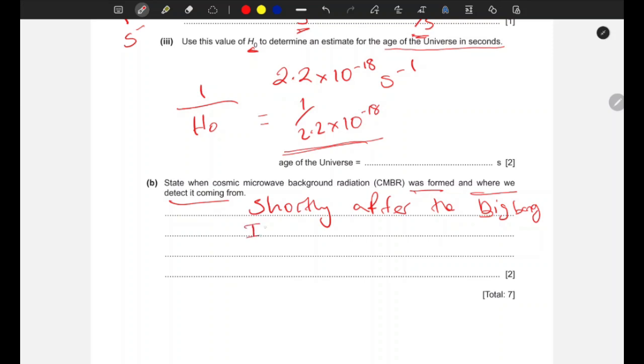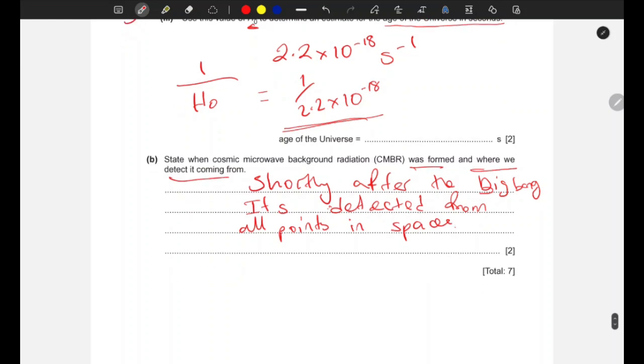And it's detected from all points in space. So that was the last question on space physics.